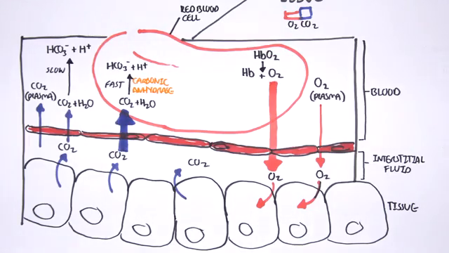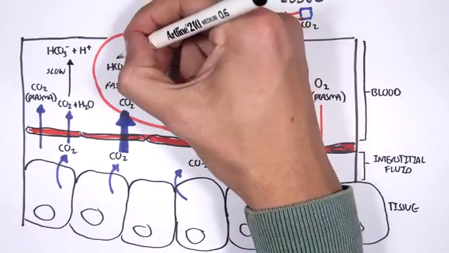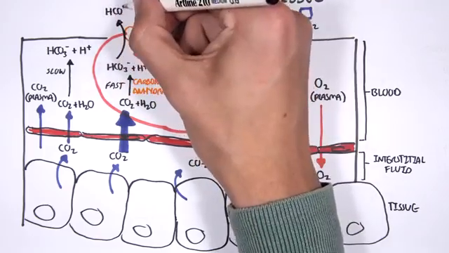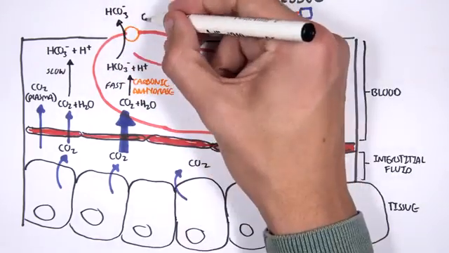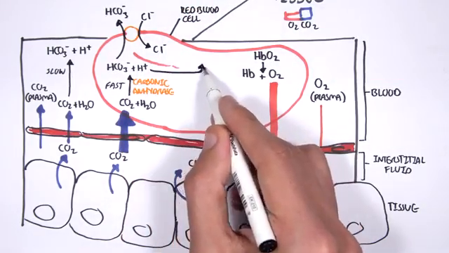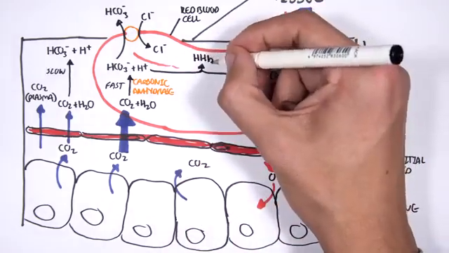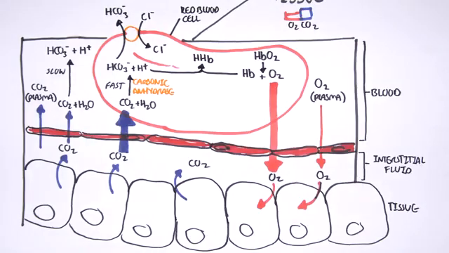Bicarbonate can then be pumped out by the red blood cell into the plasma, and so be transported as bicarbonate. The transporter will bring in a chloride ion in exchange. The hydrogen ion here can react with the hemoglobin molecule within the red blood cell to form hydrogen hemoglobin.